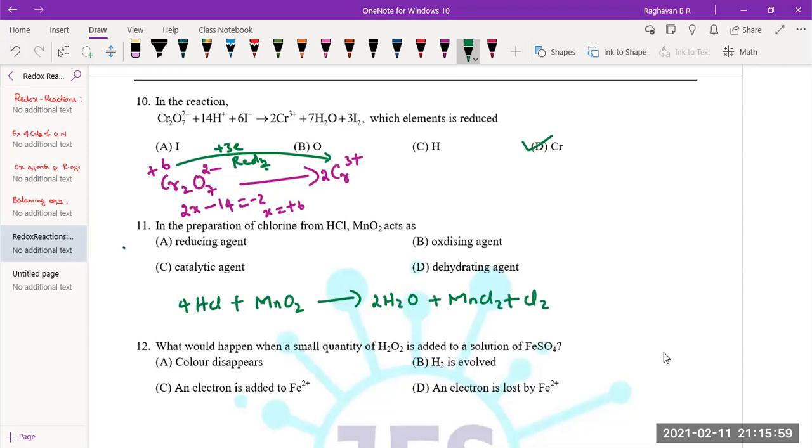This is the reaction. Of course, even without writing this reaction, you can guess it. If HCl has to become Cl2 in presence of MnO2, hydrogen must be removed as water. HCl has to be oxidized to Cl2. This -1 has to become 0, loss of electron, oxidation. So MnO2 should be oxidizing. A substance in presence of which oxidation takes place is an oxidizing agent.